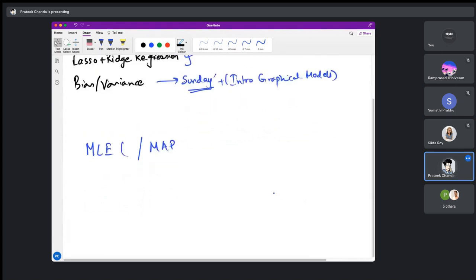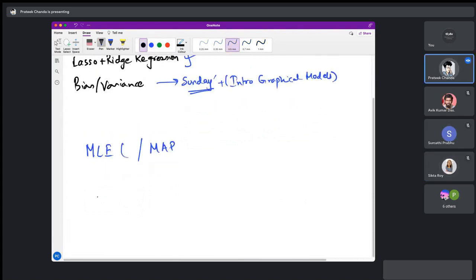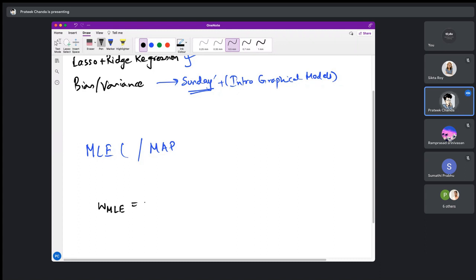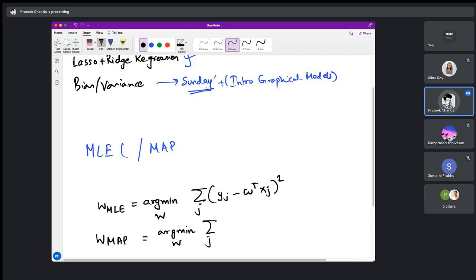If you remember from the lecture slides, the W_MLE part, the weight vector that you optimize over the loss function, had an expression like this: summation over j of (yj minus w transpose xj) whole square, and W_MAP had argmin over w of the same expression, but with an extra additional term, lambda by 2 times the norm of w squared.